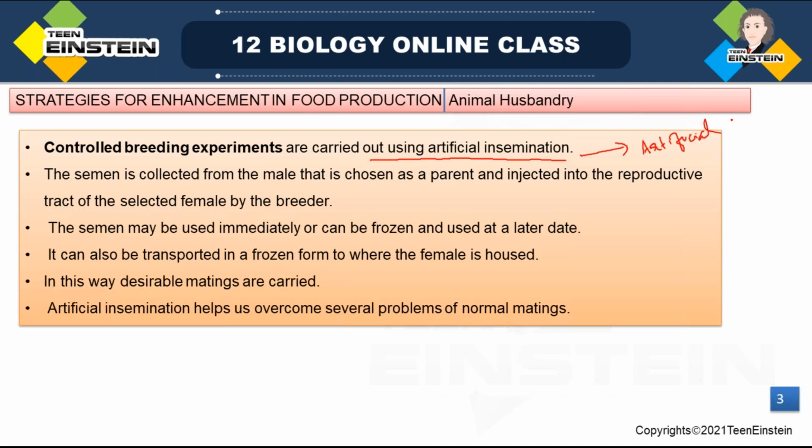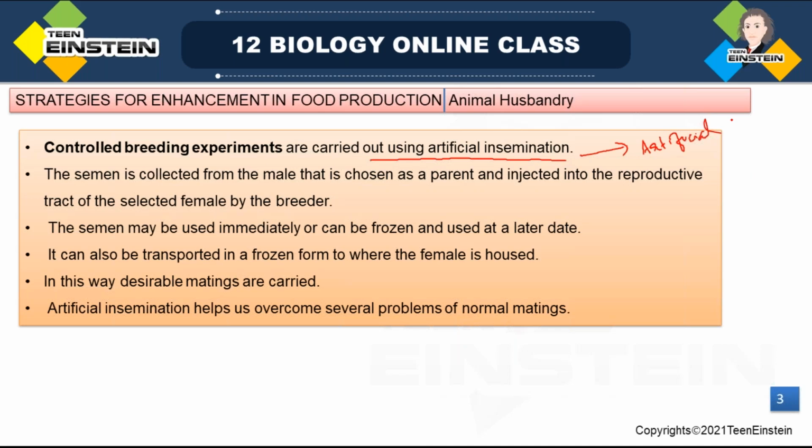The semen which is collected from the male parent can be used immediately, or it can be kept in a frozen condition for later usage.